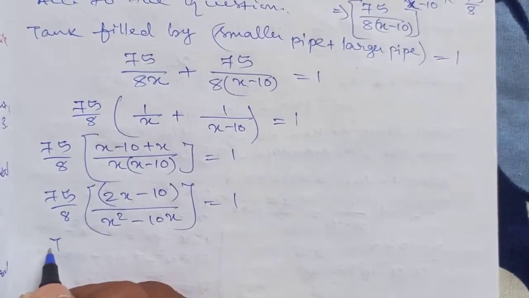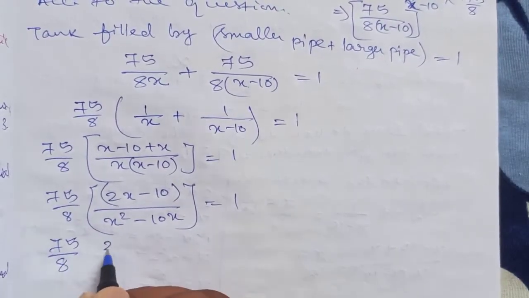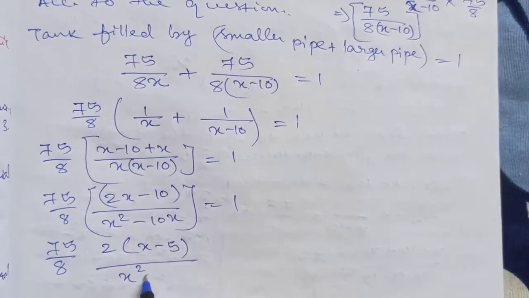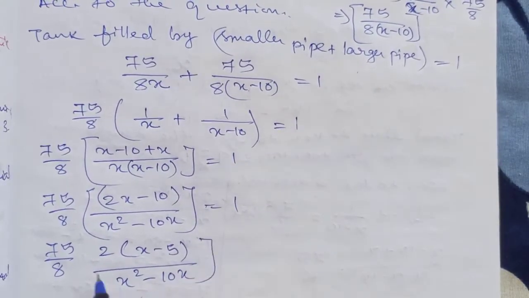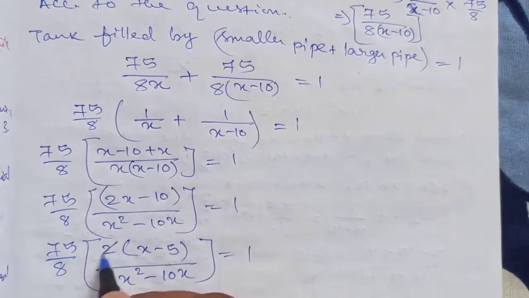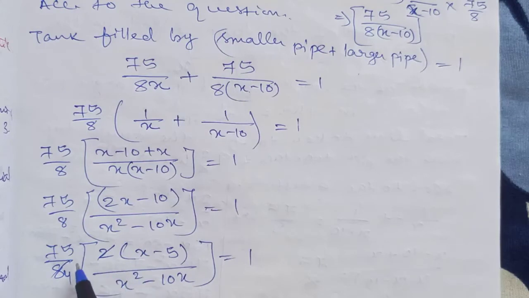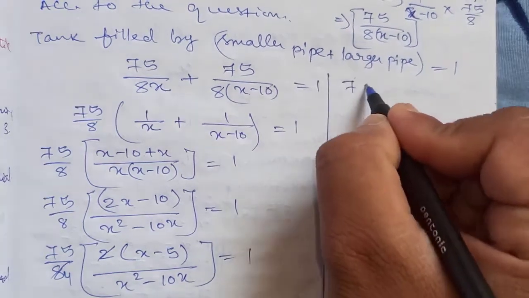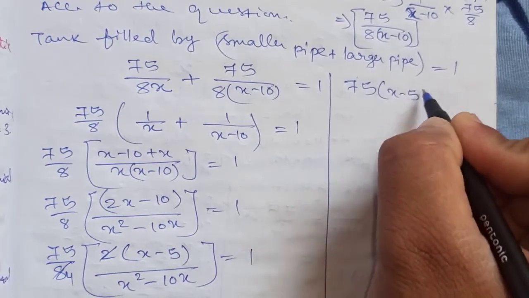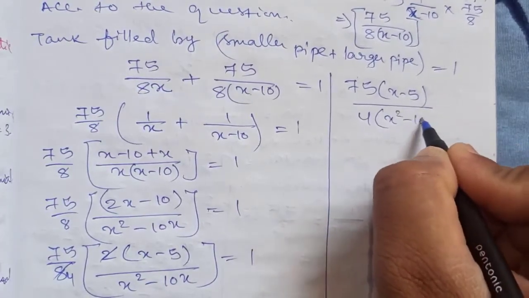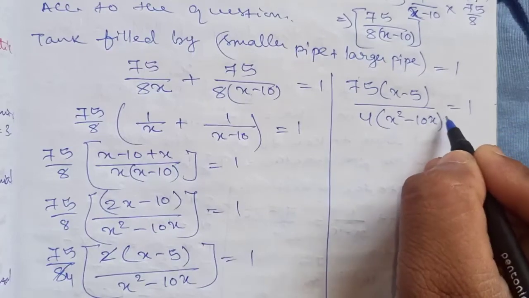Take out 2 common: 75/8 into 2(x minus 5) over x squared minus 10x equals 1. Can we cancel 2 and 8, because this is multiplication? So we get 75/4 into (x minus 5) over x squared minus 10x.